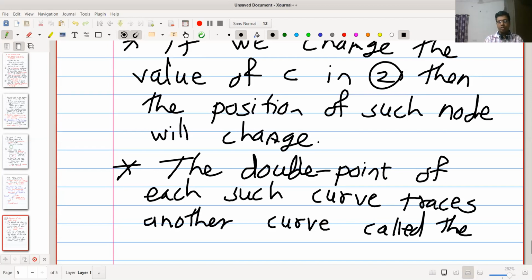So when we change the value of c, we get a new curve with a different position of the double point. We have to consider all such positions of double points, and the collection of such double points will be a locus of points, that means a curve, and this curve is called the nodal locus.